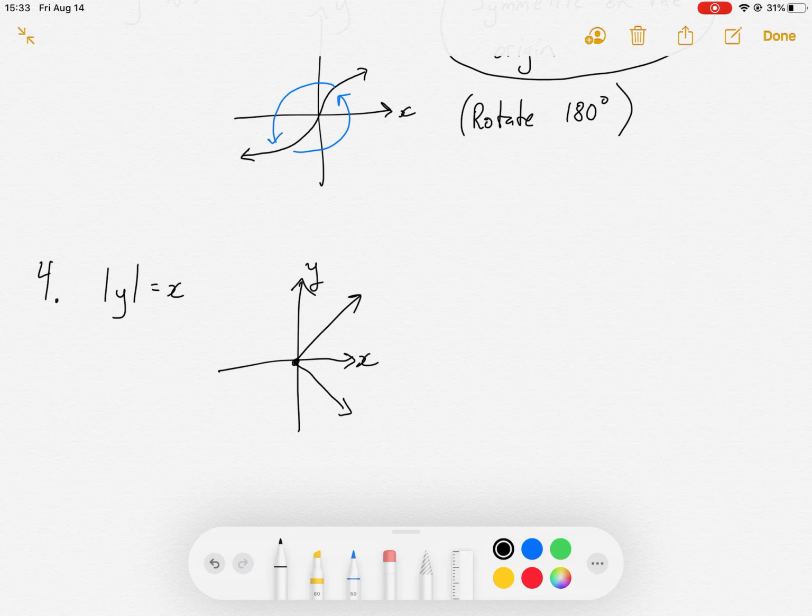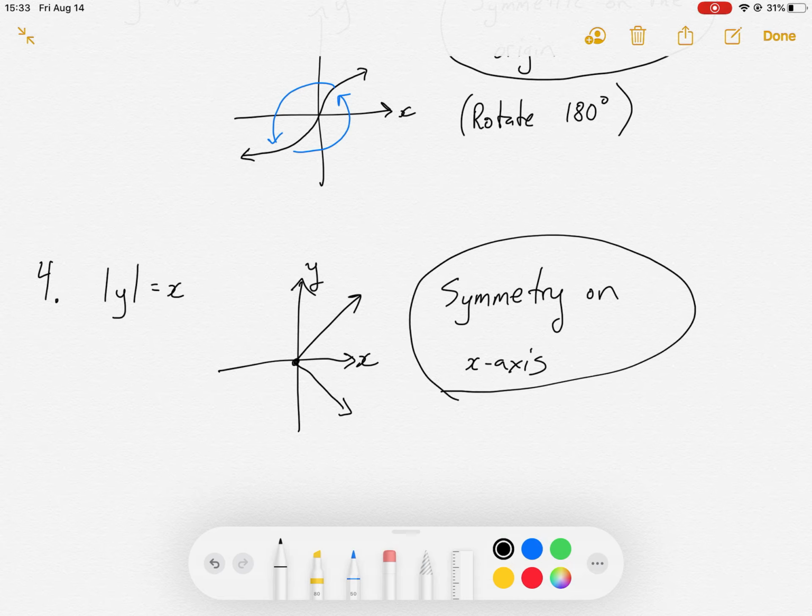And what you might guess at this point, we covered symmetry on the y-axis. Now we're going to cover symmetry on the x-axis. Notice that if I reflect this top portion to the bottom and vice versa, if I reflect over the x-axis, I will end up with the same function. So therefore this is symmetric on the x-axis.